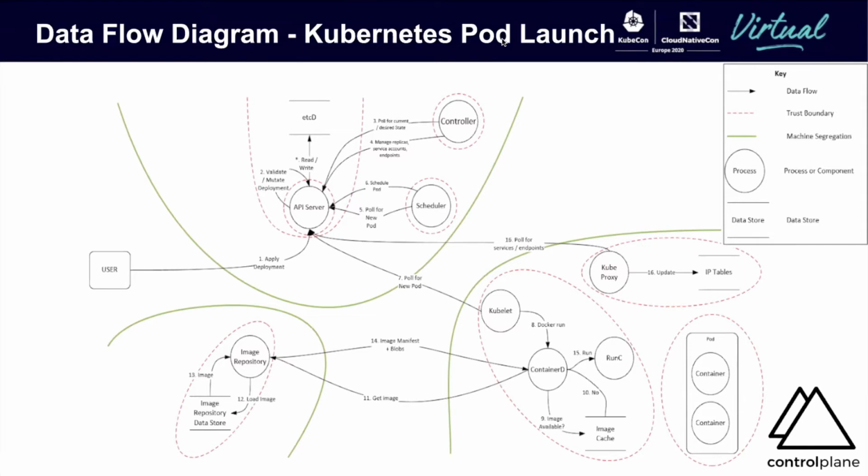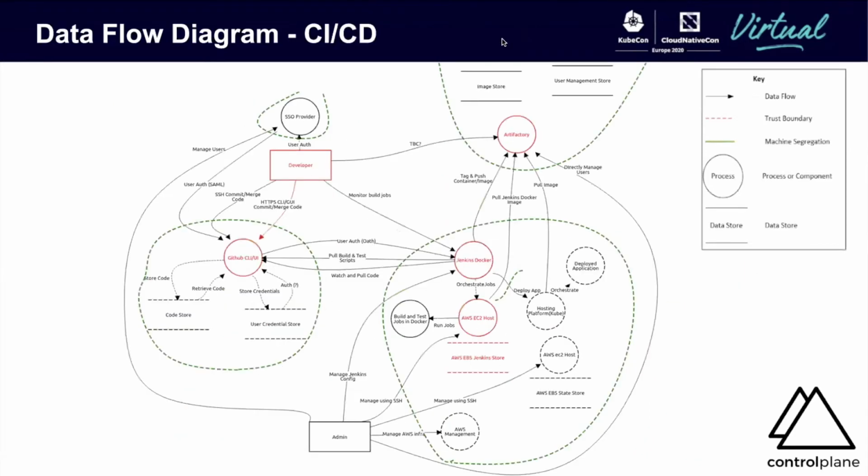You can draw data flow diagrams of a specific interaction, like a Kubernetes pod launch, or the whole system, like this depiction of a simple CI/CD. Again, you may need to create multiple diagrams just to reflect the end-to-end solution.